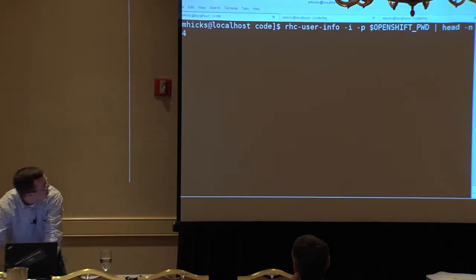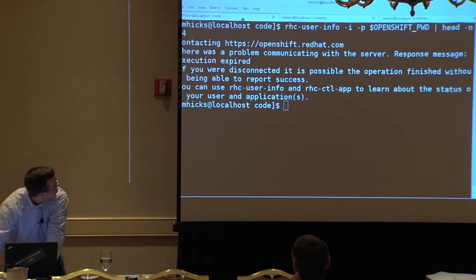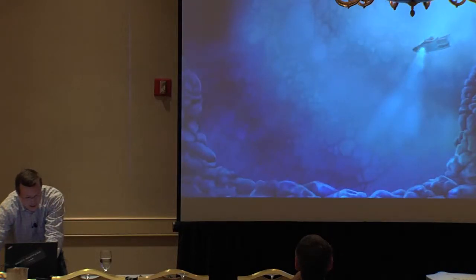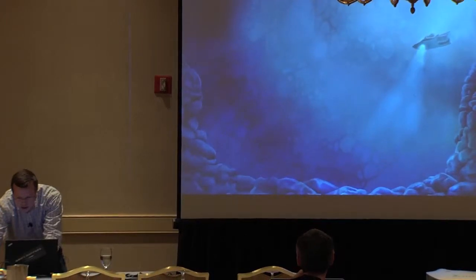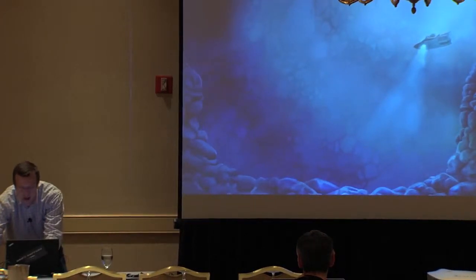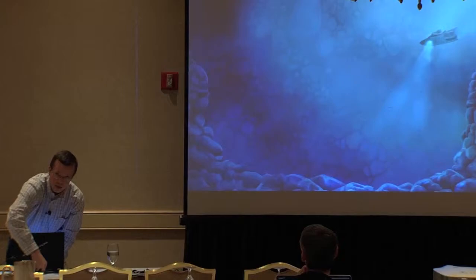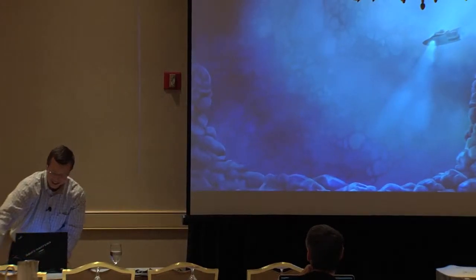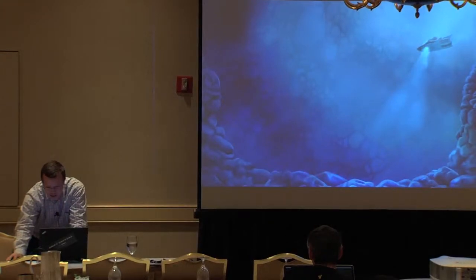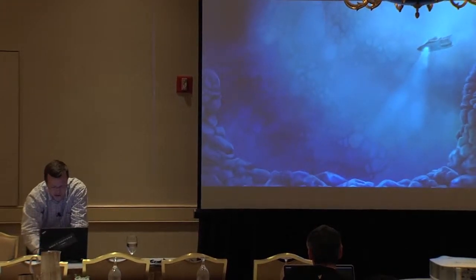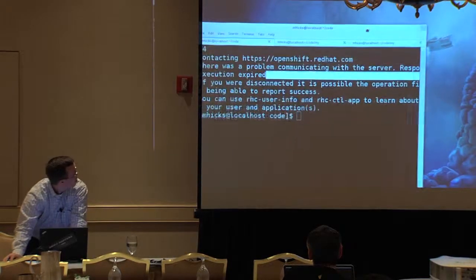Let me make sure I can get to Google. Oh, that's why. The wireless, okay, I'm going to switch back to wireless. This is secured. Give me one second, I apologize. Okay, Google is back up and running. There we go.